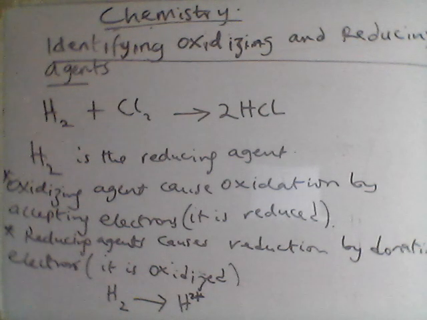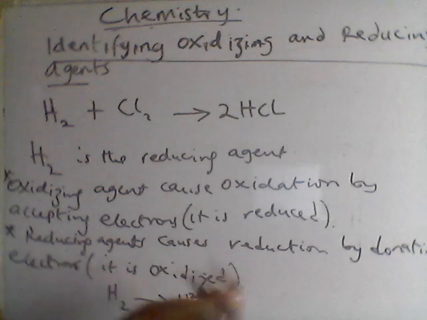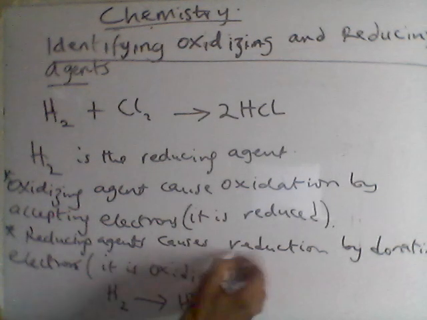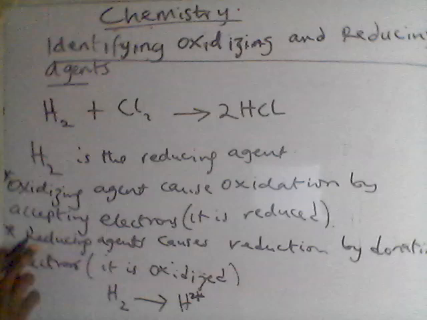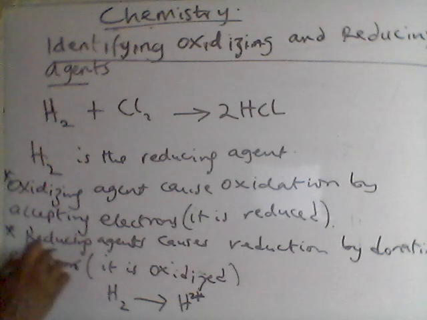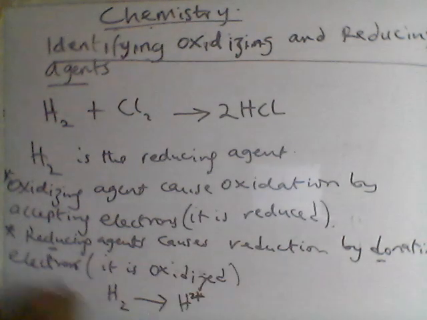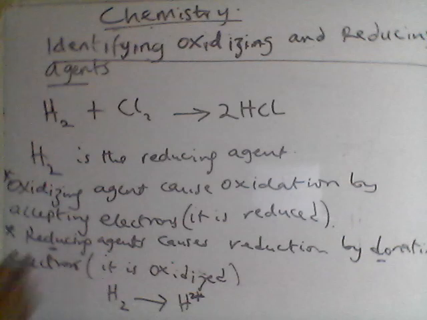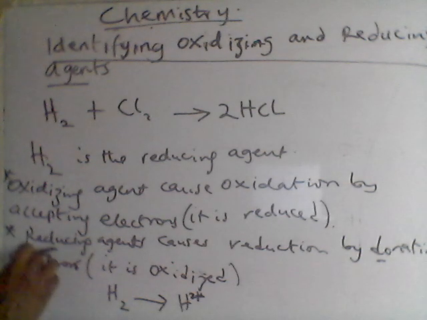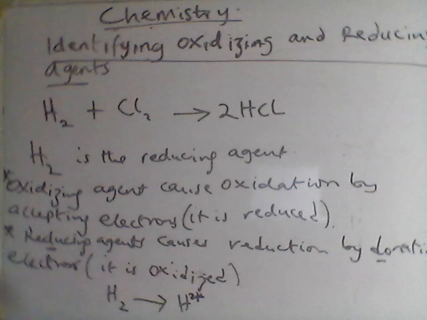So again, I can look for a mnemonic here. If you say reducing agent, D here stands for donating electron. You understand? So when you see D in this reducing agent, donating electron, just remember that.